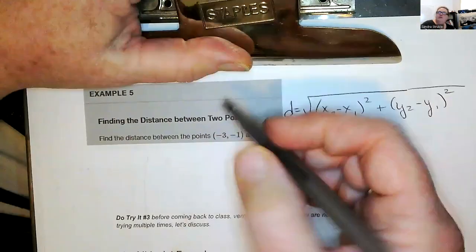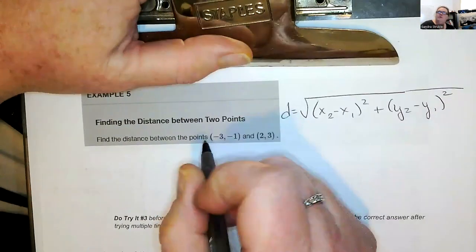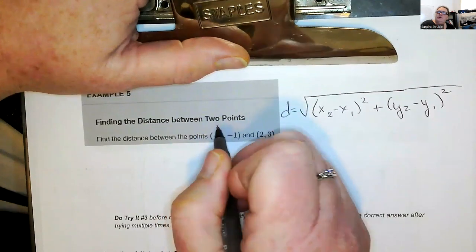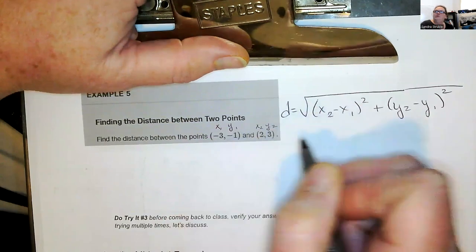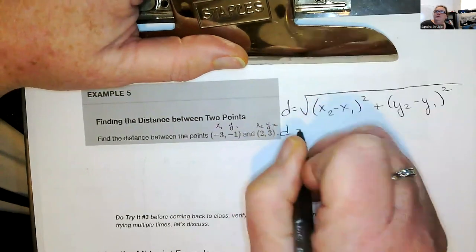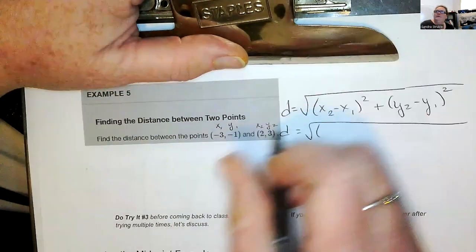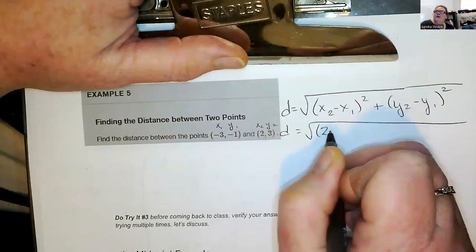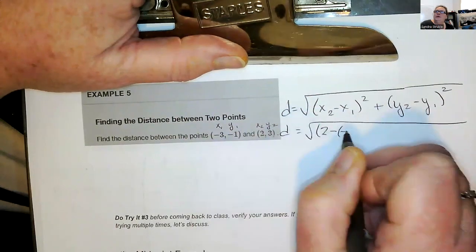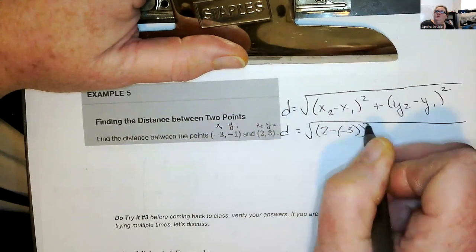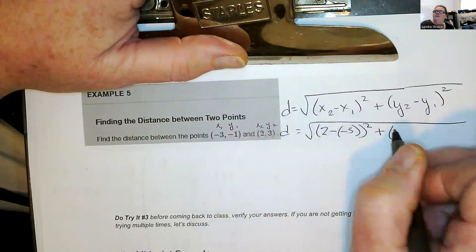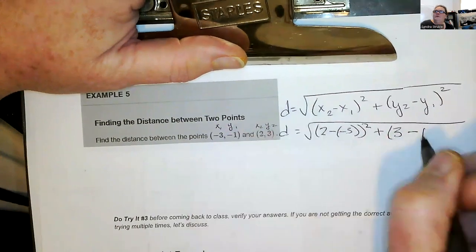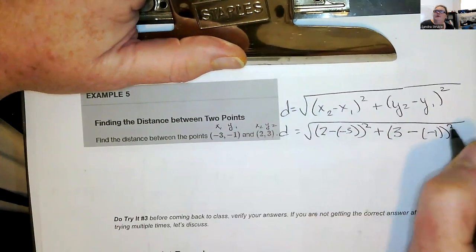So x1, y1, x2, y2. Now that these are labeled, I can just plug them in here to see what I get. So x2 is 2 minus a negative 3 squared plus y sub 2 is 3 minus y sub 1 is -1 squared.